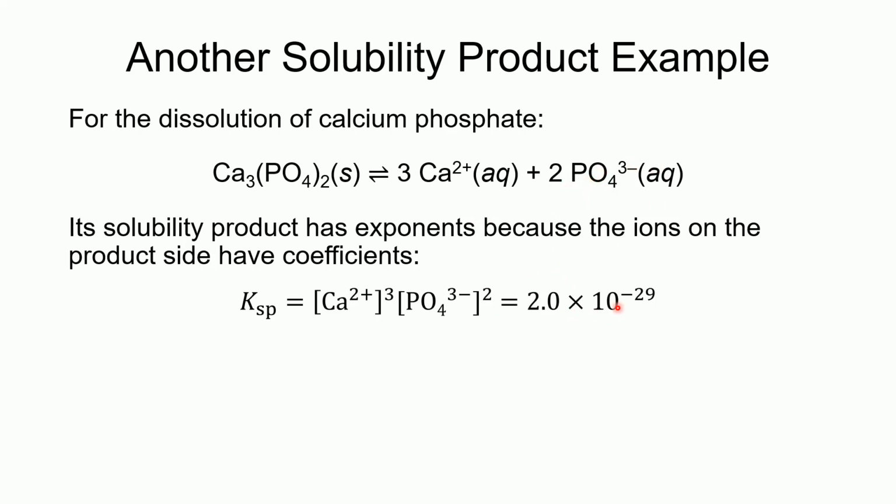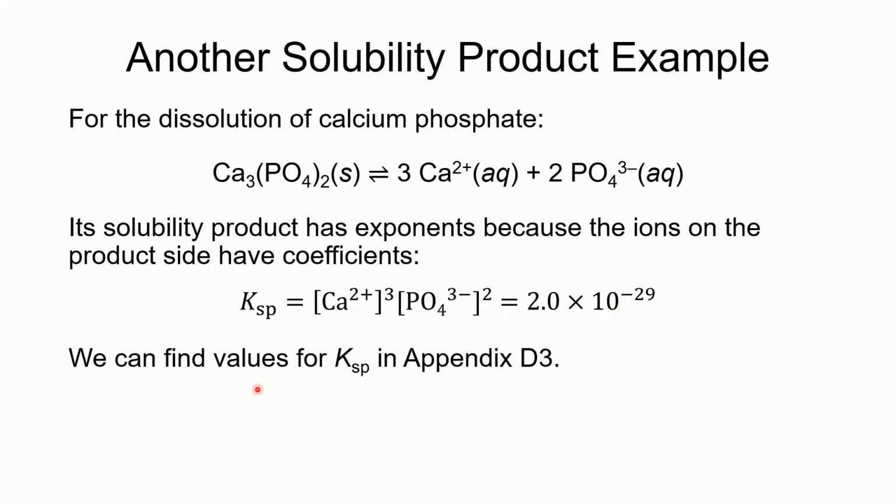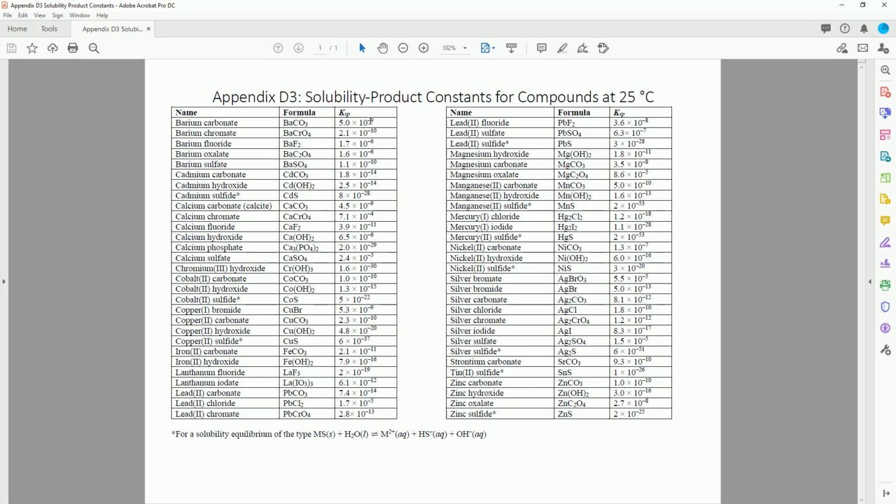And you'll see there is the value, a very, very small number, but that is a measurable number. We can find these KSP values in Appendix D3. So I'm going to show you Appendix D3 real quick. There it is. So here is Appendix D3, and the barium sulfate that I showed you a minute ago, 1.1 times 10 to the negative 10.